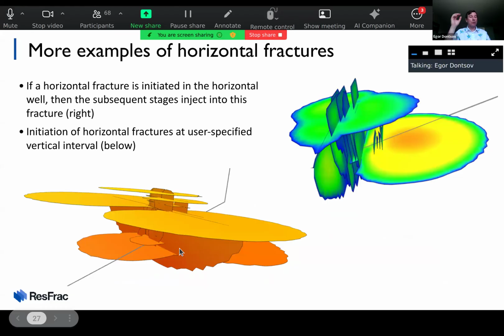A few more things I wanted to emphasize is that very often, if you have multiple interfaces, like in this case, there is no limited entry between horizontal fractures. If you take a step back, how do we promote simultaneous growth of vertical fractures? We design limited entry so that each fracture takes the same amount of fluid. But here, these multiple horizontal fractures are connected through the wellbore, which has fairly high conductivity.